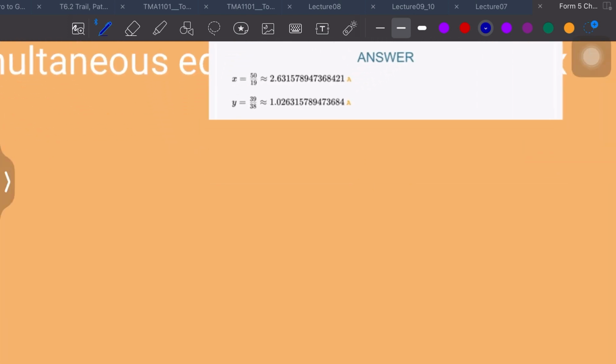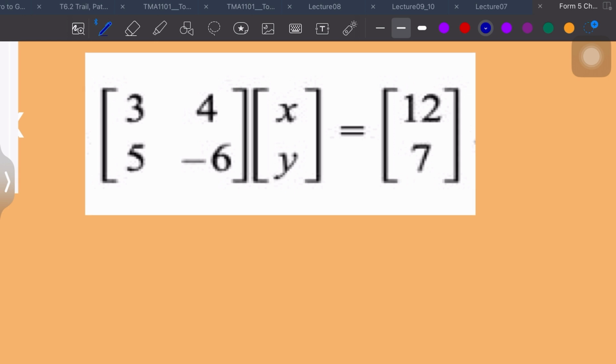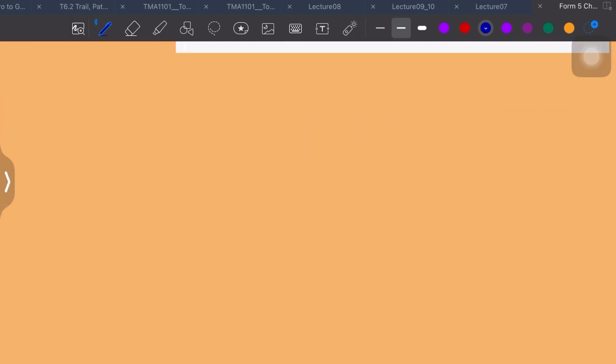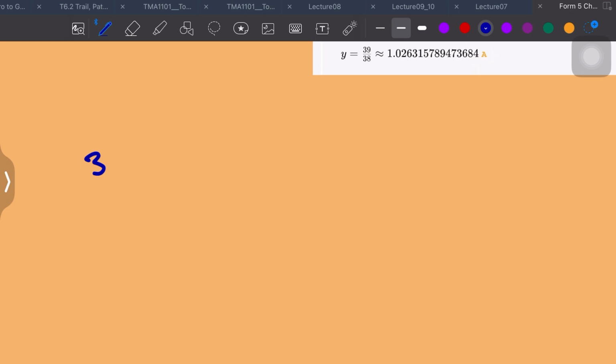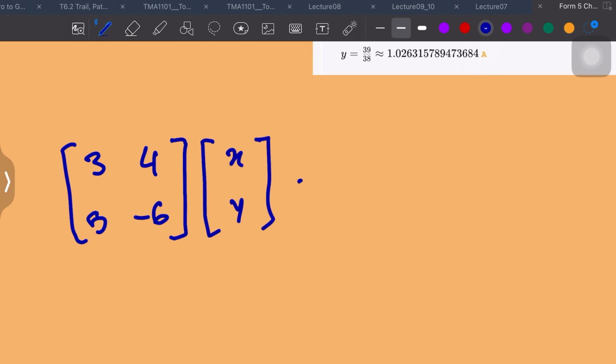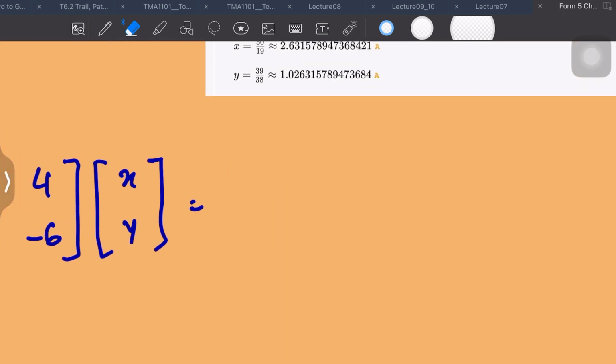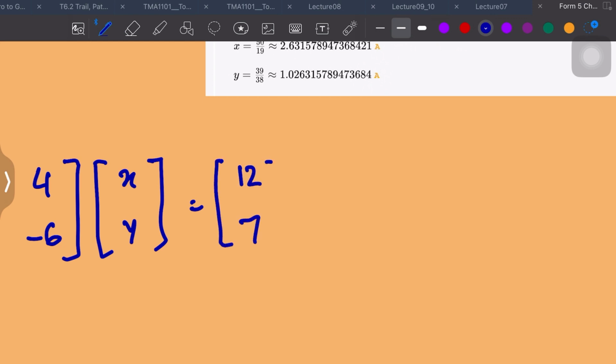So let's try this question. 3, 4, 5, negative 6. Wait. X, Y equal to 12, 7.